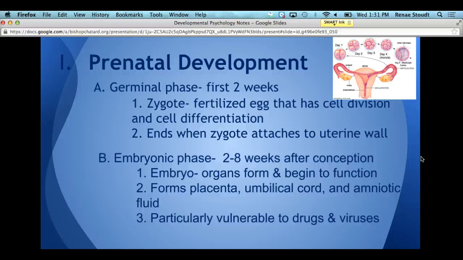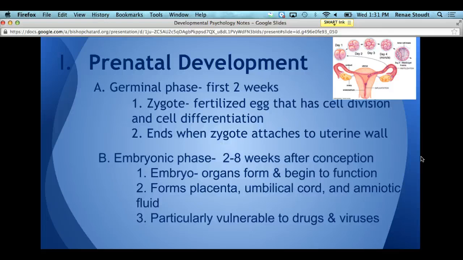The big thing about the embryonic stage is that this is when the baby is particularly vulnerable to drugs and viruses, because this is when the organs are forming. The mom often doesn't know she's pregnant until the end of the embryonic stage.